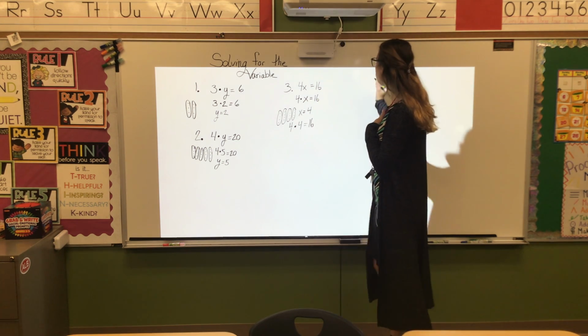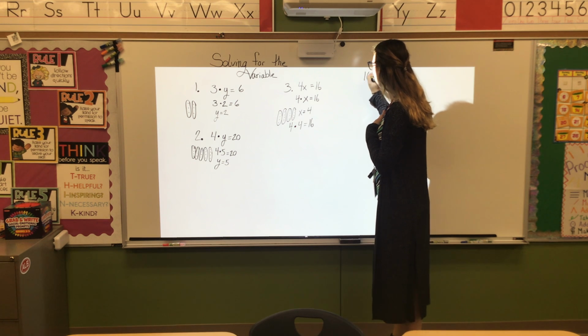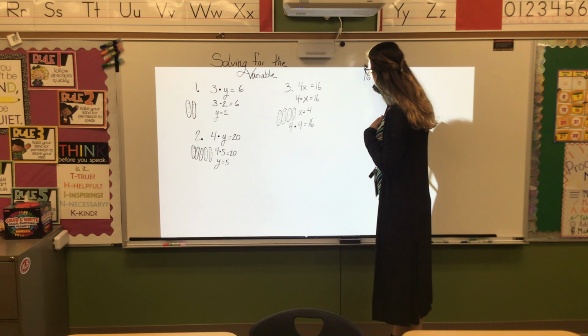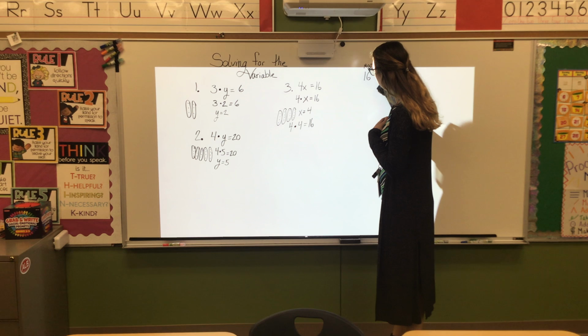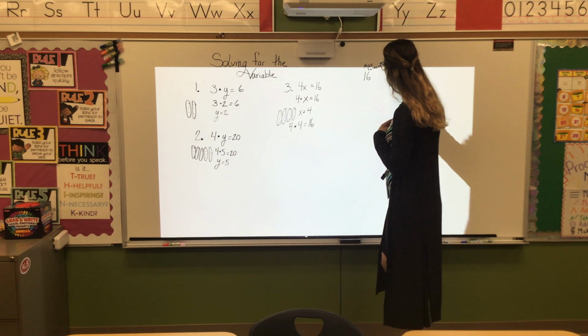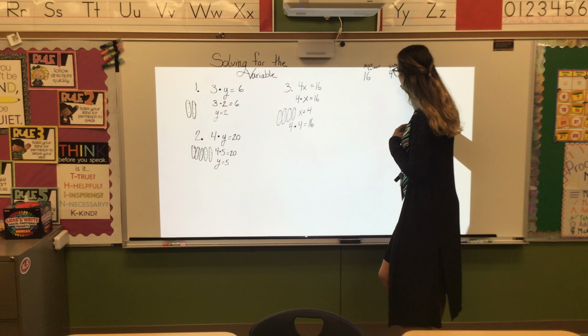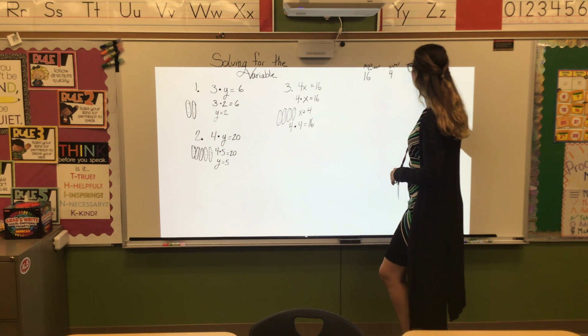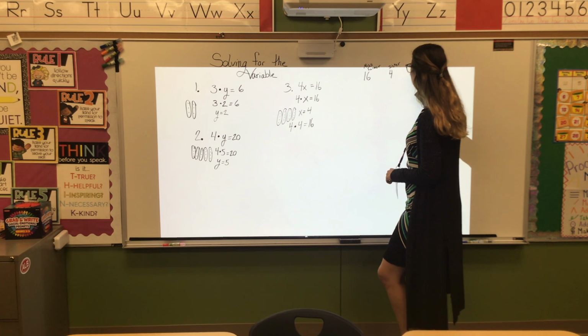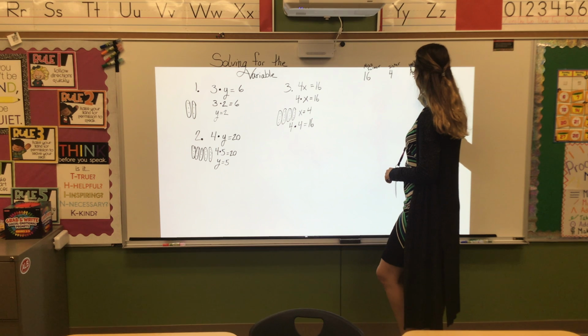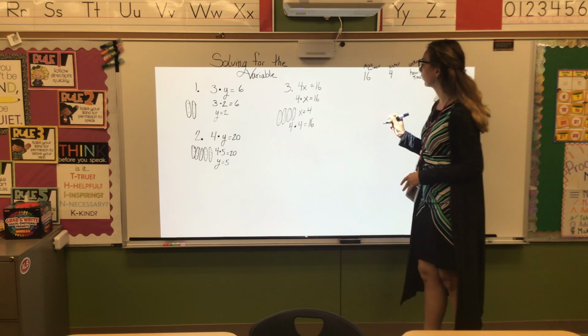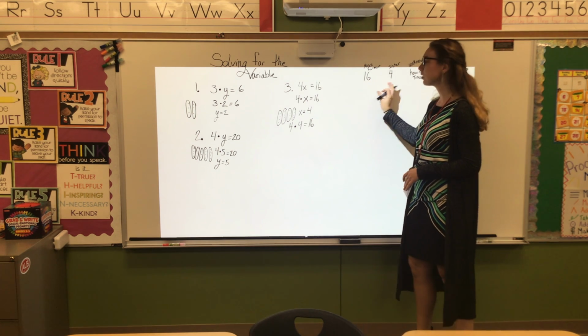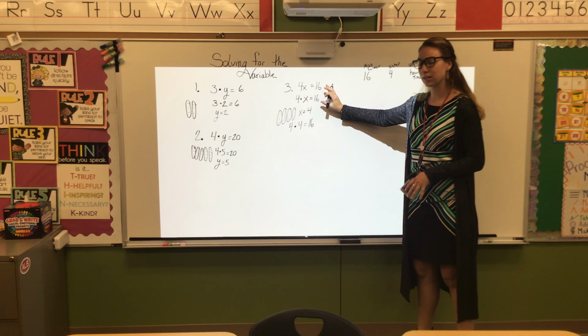So if Miss Farmer had 16 markers, so that's Miss Farmer, and sister got 4 markers, and it wants to know the unknown is how many times? These are the same numbers as in this equation, guys.